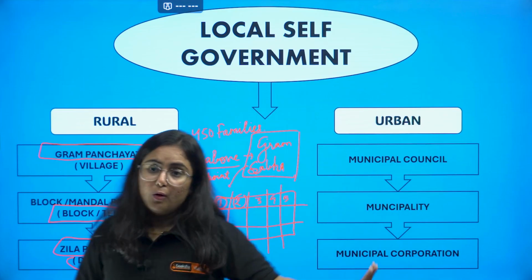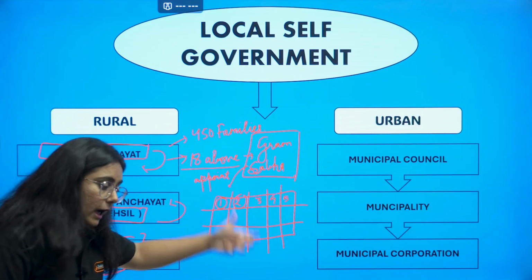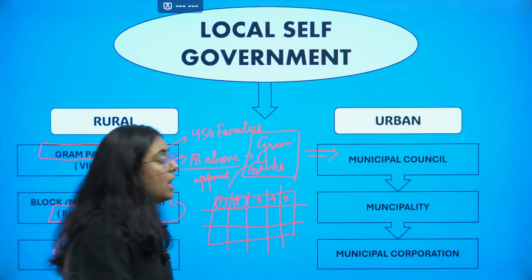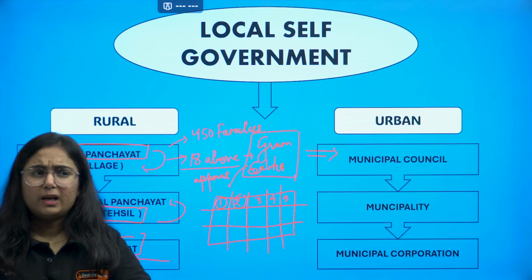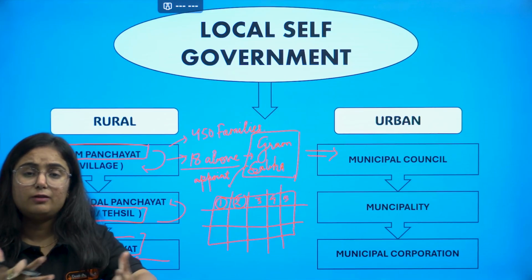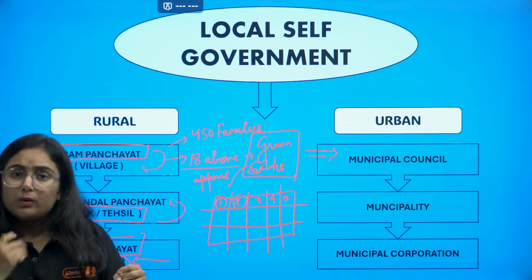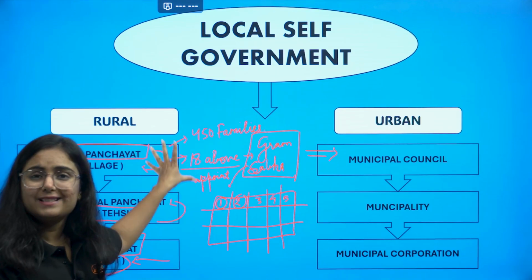Moving to the urban population. In urban areas, the lowest level of governance is the municipal council. It is developed, like what we can consider developed as Bangalore. It is a small town which is developed and has more population in comparison to these areas.